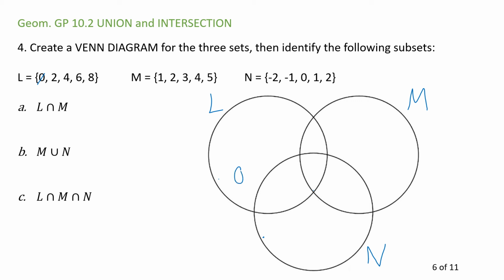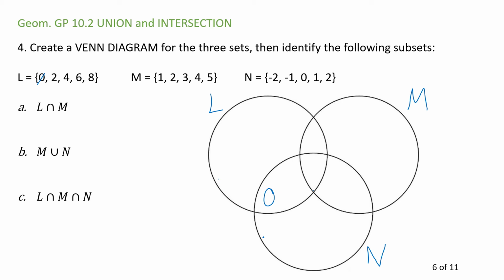I don't want to put it here because that's just L. And I don't want to put it down here because that's just N. So this region right here is the only region that's got both L and N, but not M.